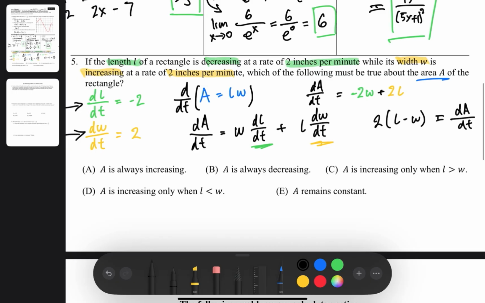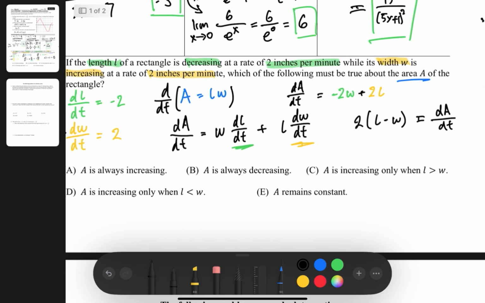So let's look through our answers. Our first option, A, the area is always increasing. Is that true? No, because if our width is larger than our length, then this becomes negative, and it would mean that dA/dt would be decreasing.